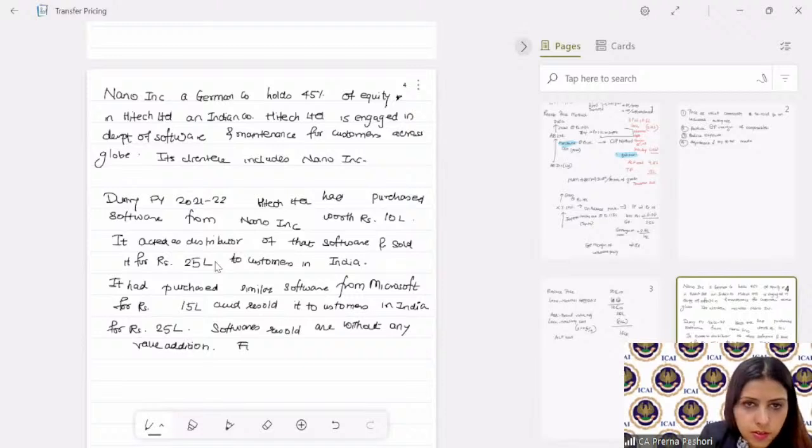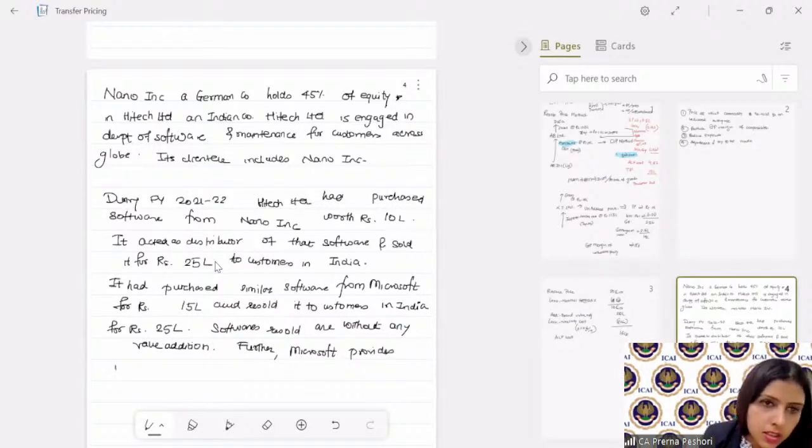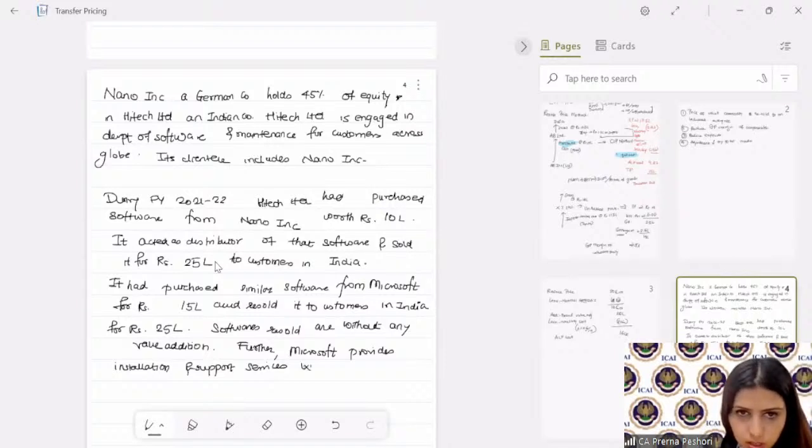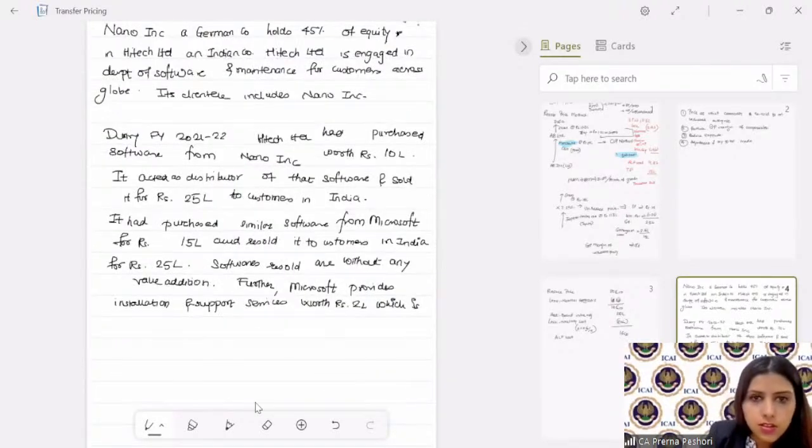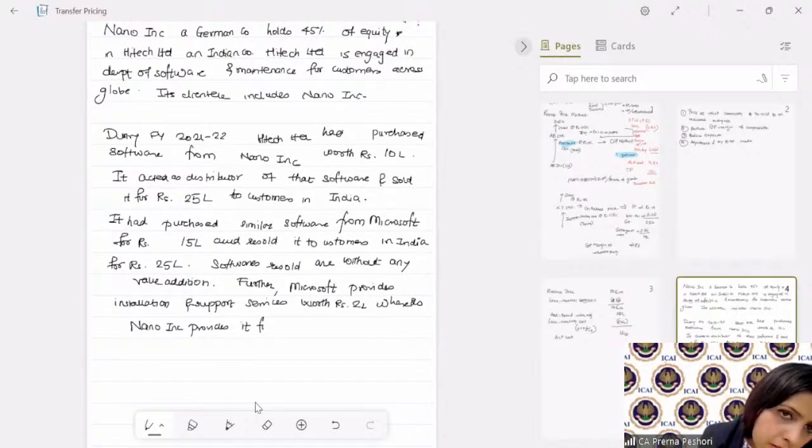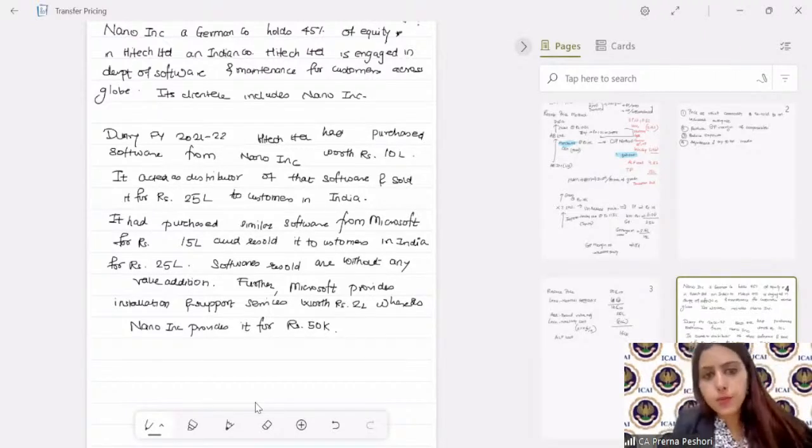Further, Microsoft provides installation and support services worth rupees 2 lakhs, whereas Nano INC provides it for rupees 50,000.